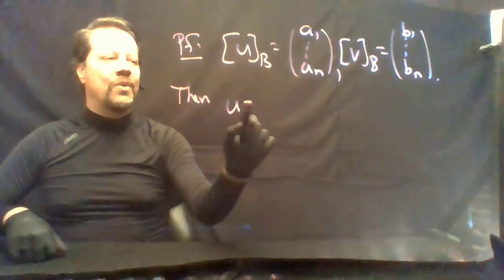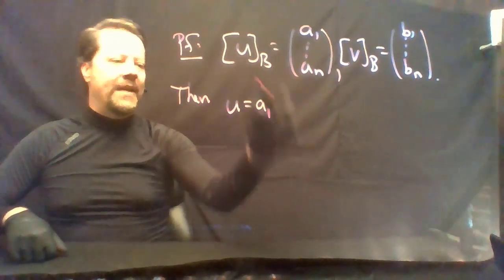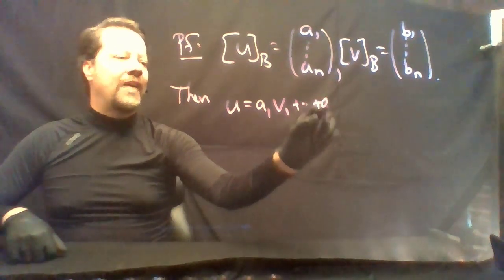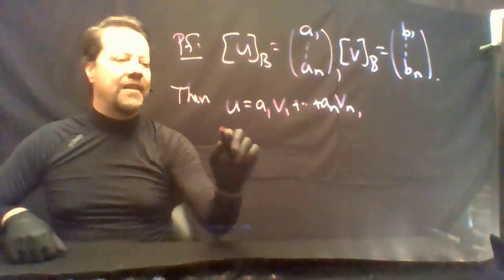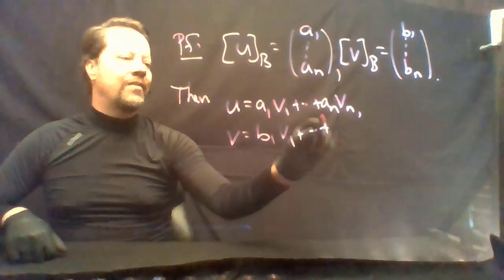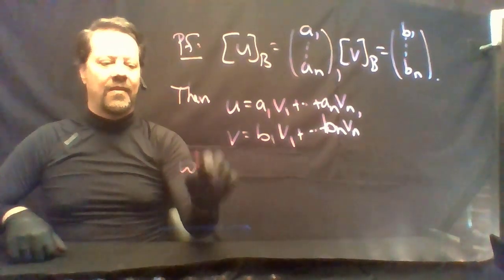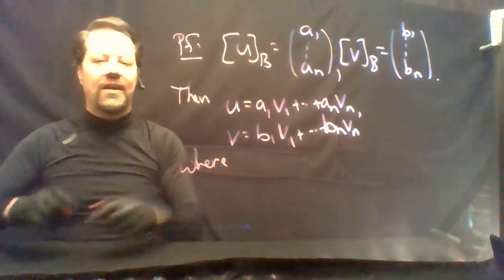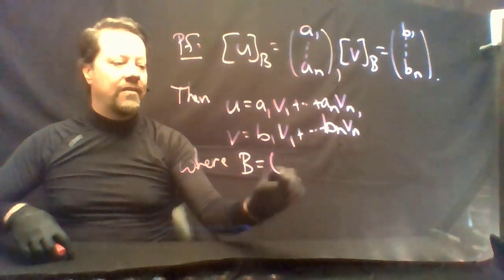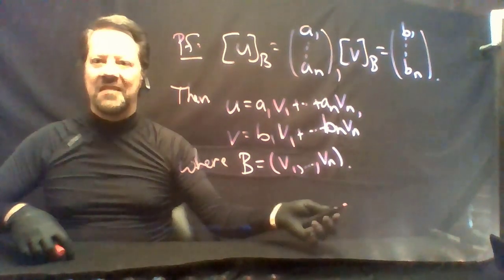That means U is A1 V1 through An Vn, where we'll call the elements of the basis V1 through Vn, and V will have coordinates B1 V1 through Bn Vn, where B is the ordered basis V1 through Vn.